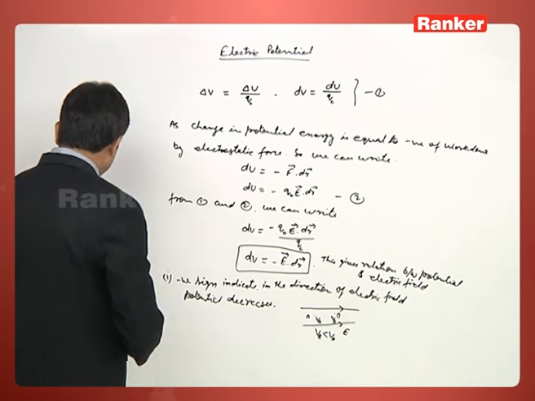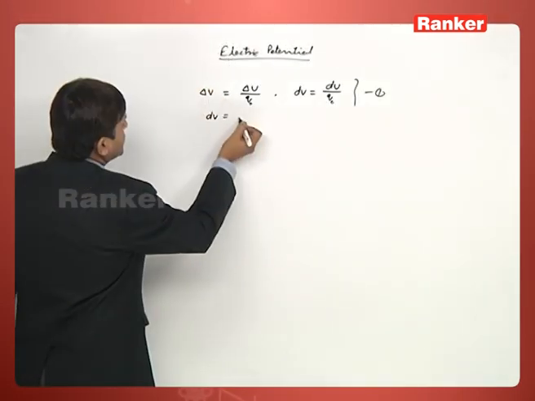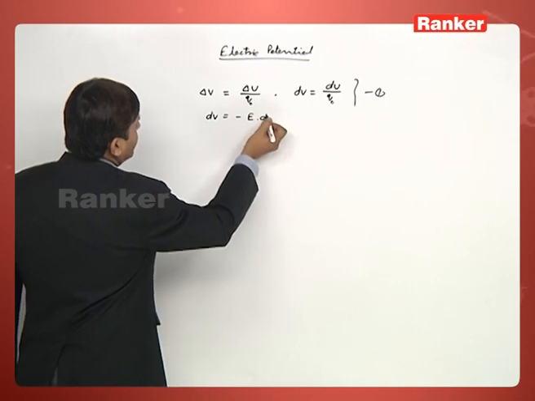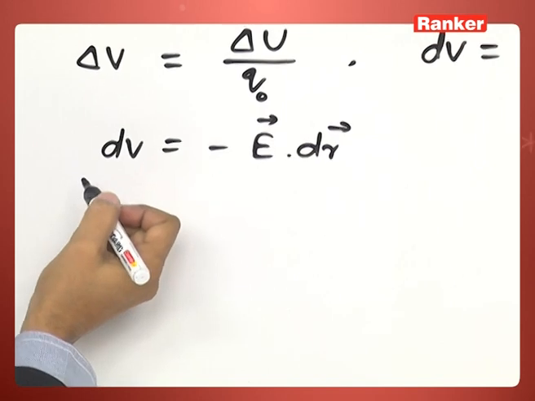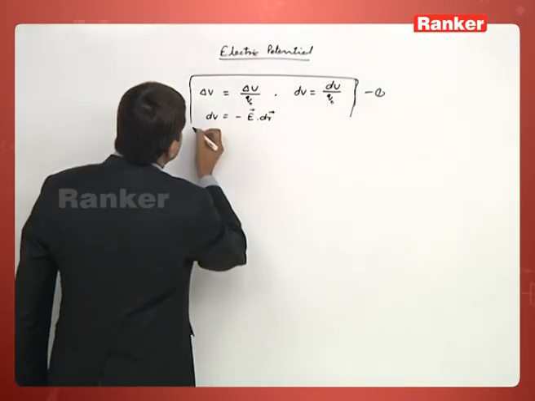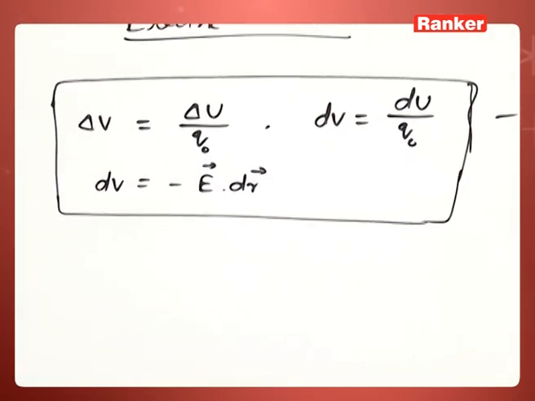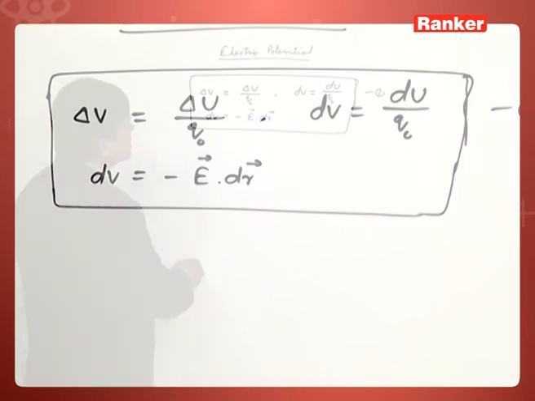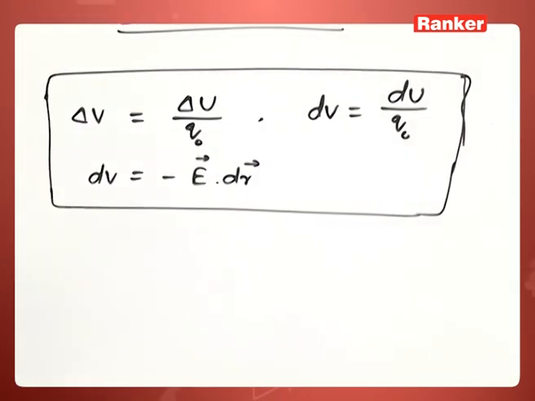See here. So now we got another relation between electric field versus potential. This is dV is equal to minus E dot dr. So these are all very fundamental and basic relations, and with the help of this relation we can determine so many results here.